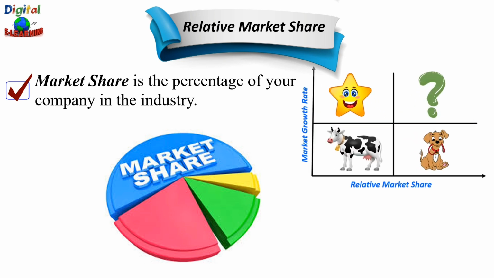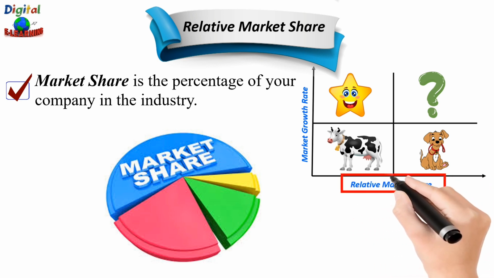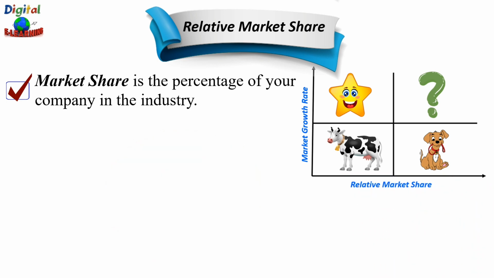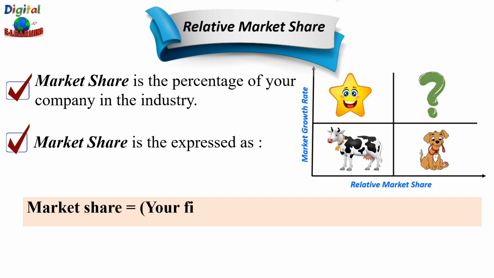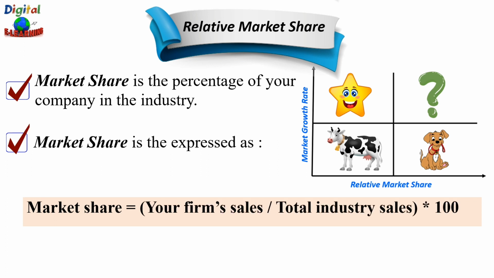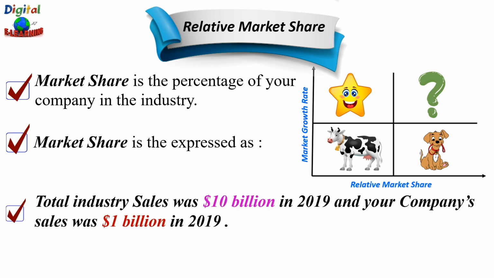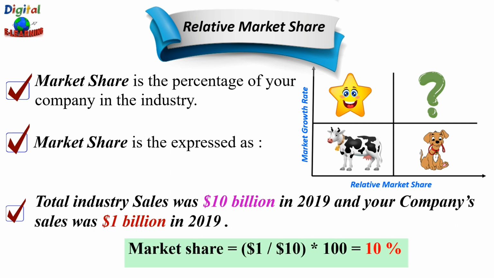It is represented on the x-axis in the BCG matrix, and it is given by the formula: your firm's total sales divided by total industry sales, multiplied by 100. For example, let's say the total industry sales were $10 billion, but your company's sales were just $1 billion. That means your market share would be 10% in this case.